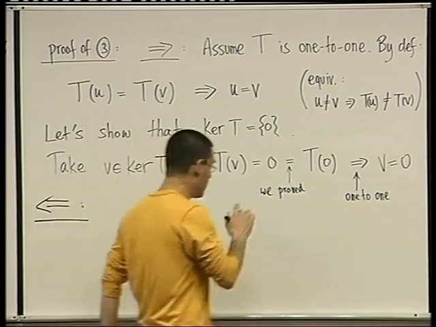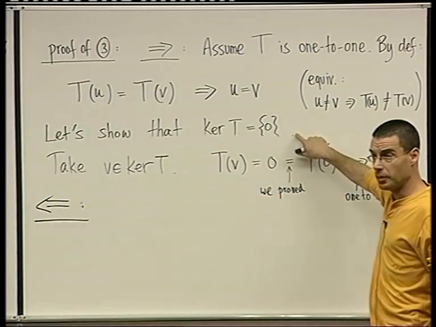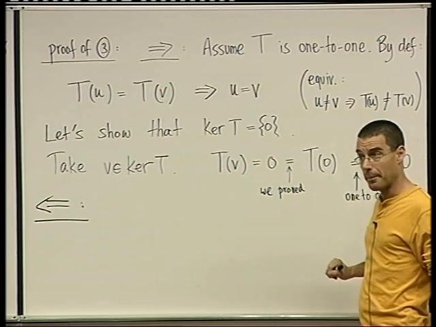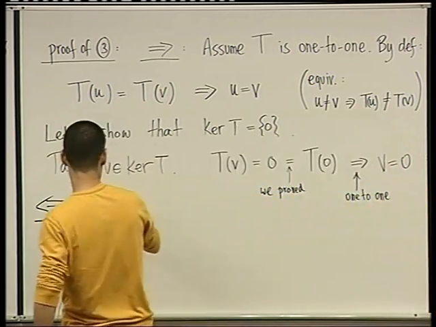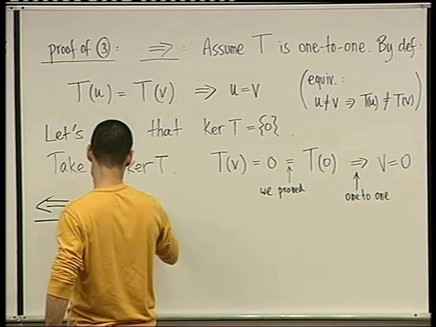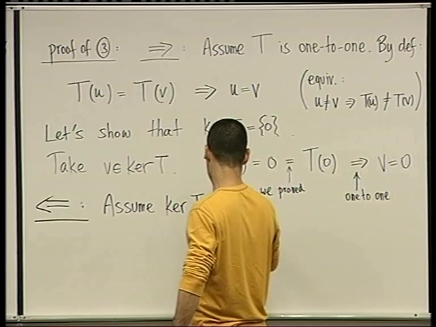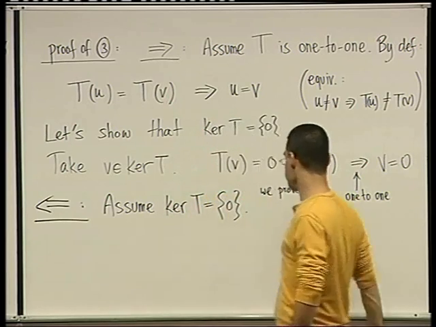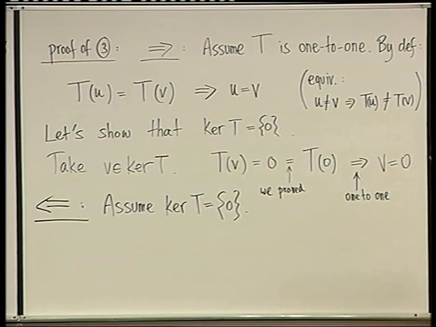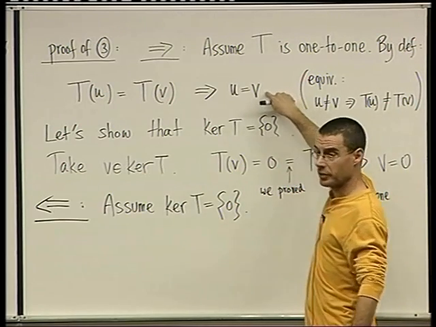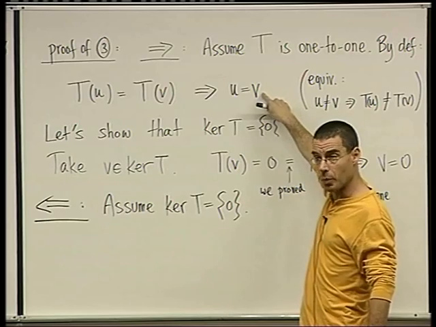So now we're assuming that the kernel is 0. We need to show that it's a one-to-one map. Okay, so assume that the kernel is 0. How do we prove that it's a one-to-one map? I want to show this. This is what it means to be one-to-one.